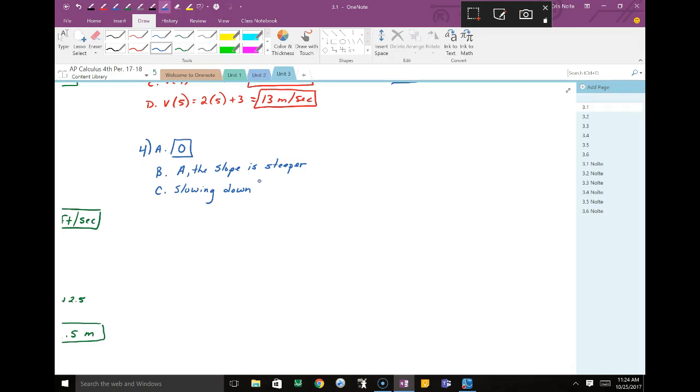In more time. Okay. So for something to be slowing down, we're talking about acceleration, right? The acceleration has to be decreasing. So we're basically talking about the slope of the slope.